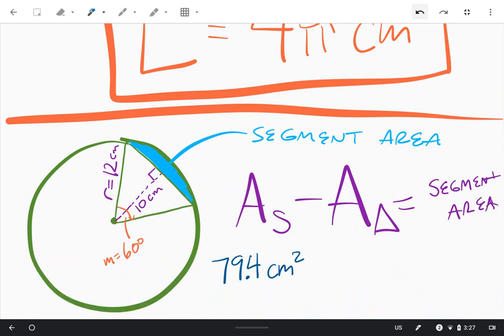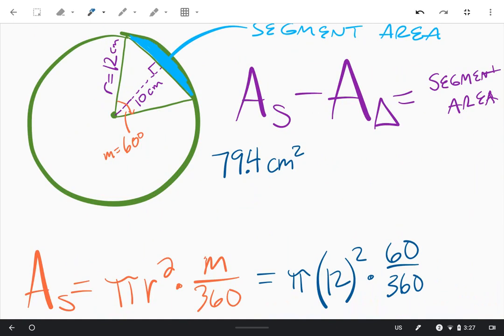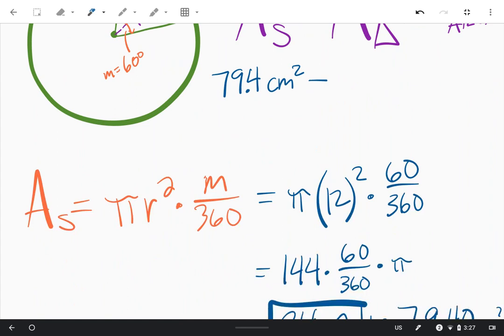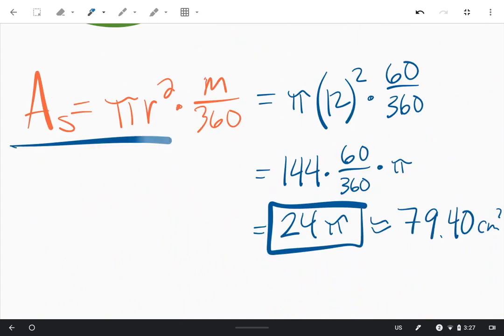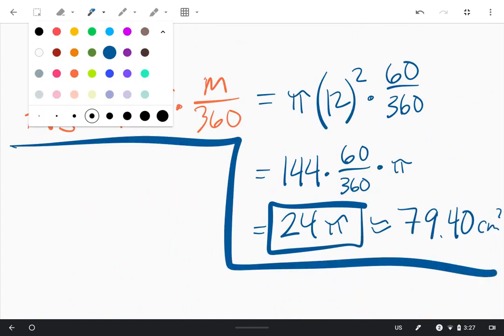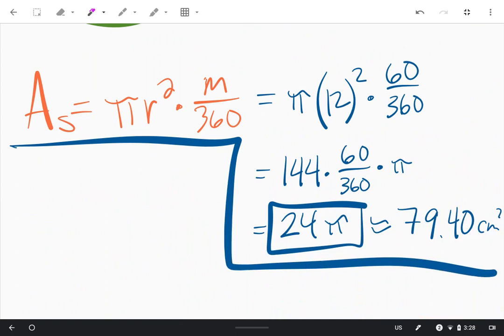So we're going to be subtracting from that the area of the triangle. So we go in and find the area of our triangle. The formula for all triangle area is always base times height divided by 2.